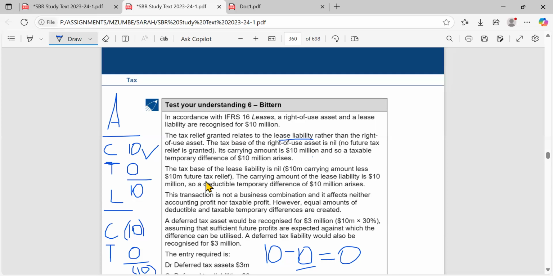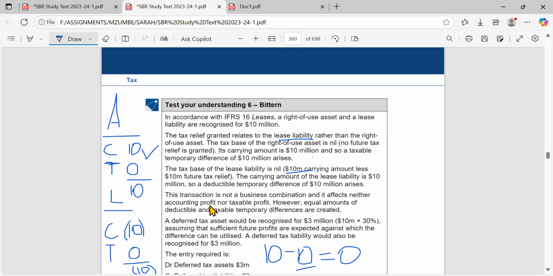And so we have the tax base of the liability as nil. We have explained that. The transaction is not a business combination. We are told if it's a business combination, then we have to be careful. And it affects neither the accounting profit nor taxable profit, like you can see here, right? There are those rules which are provided: the transaction is not a business combination and it affects neither accounting profit nor taxable profit.